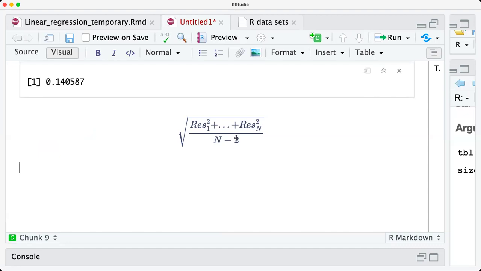Here the 2 is related to the fact that we are estimating two variables, so we fix beta 0 and beta 1. So we have two degrees of freedom that we are removing.